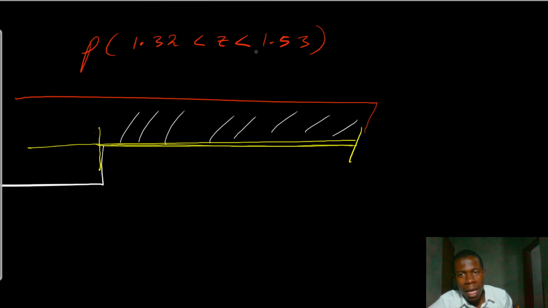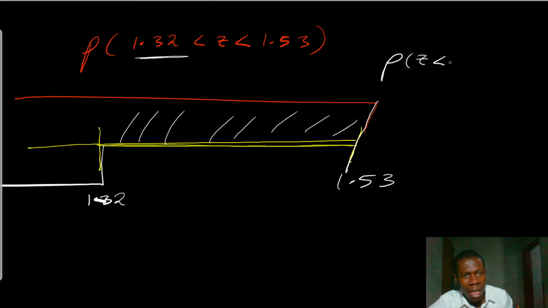The same applies here. The small number here is 1.32, and the big number here is 1.53. So you can find the probability of Z less than 1.53, then from here, the probability of Z less than 1.32.